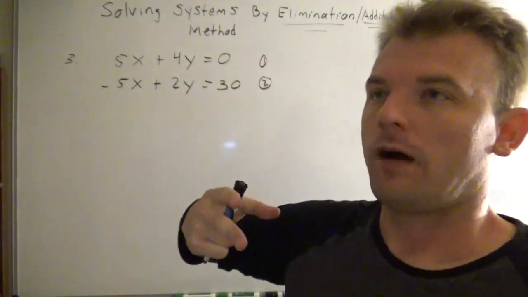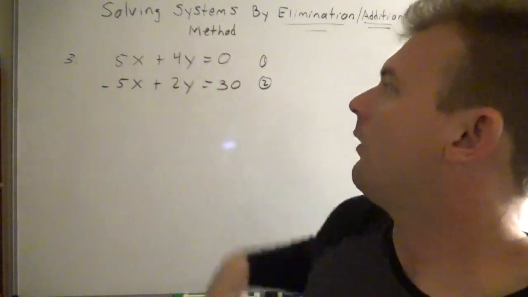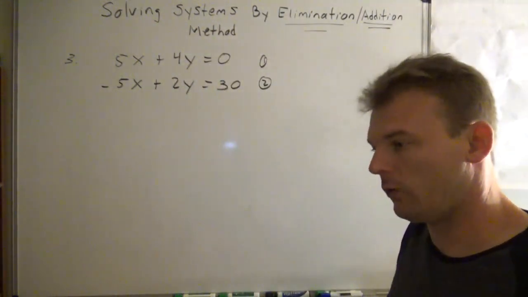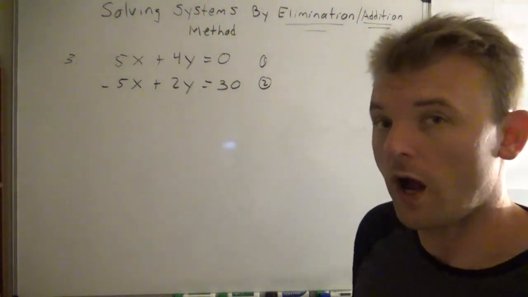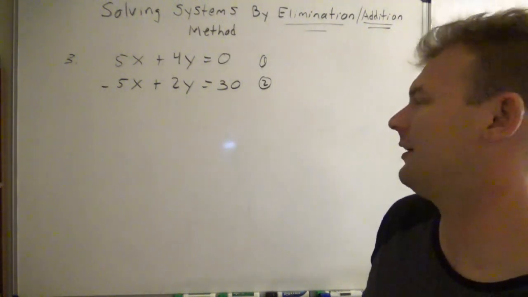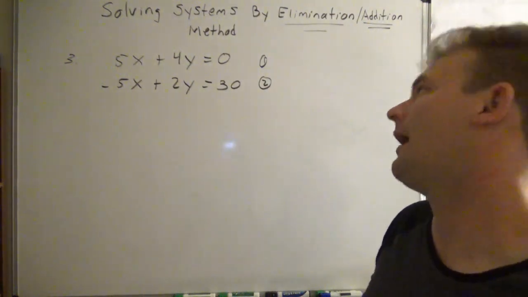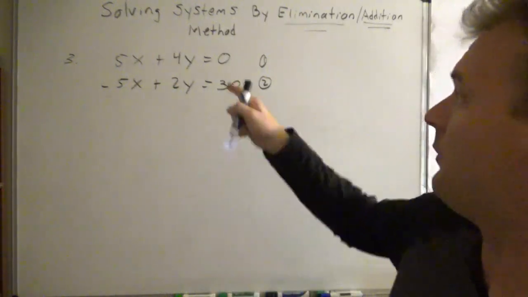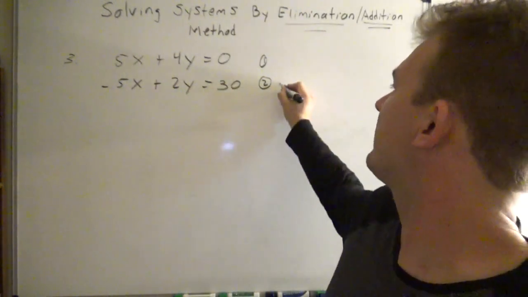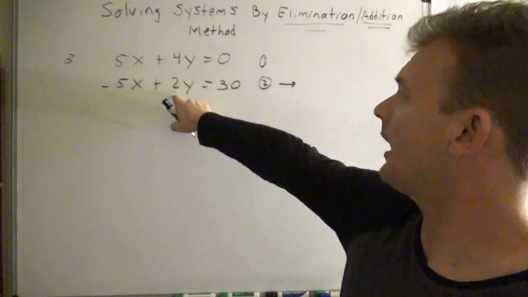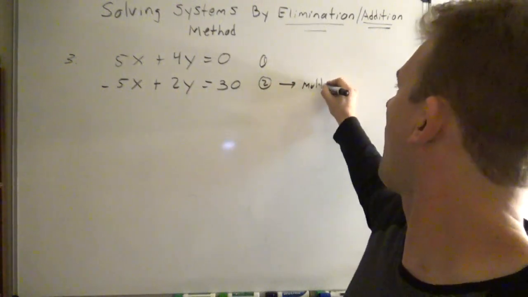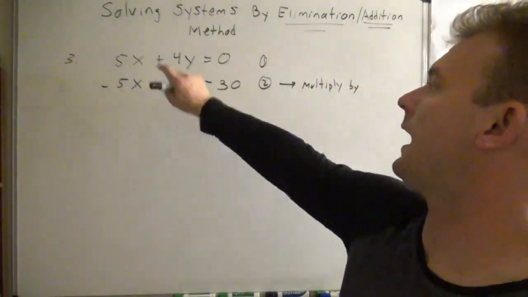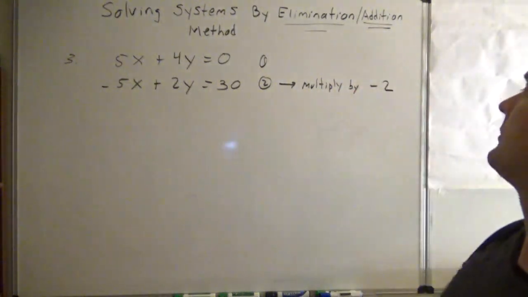If you're thinking, well, why can't I just solve for y? Well, look at what you have to do in order to solve for y. You could solve for y if you wanted to. What you would have to do is take the second equation and multiply by negative 2.